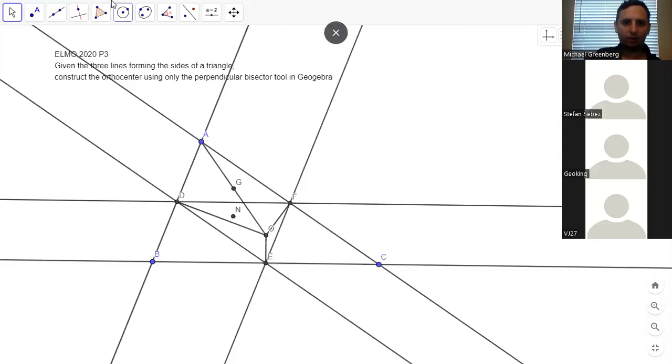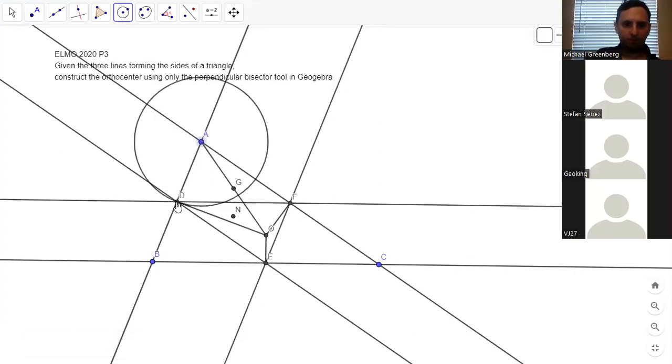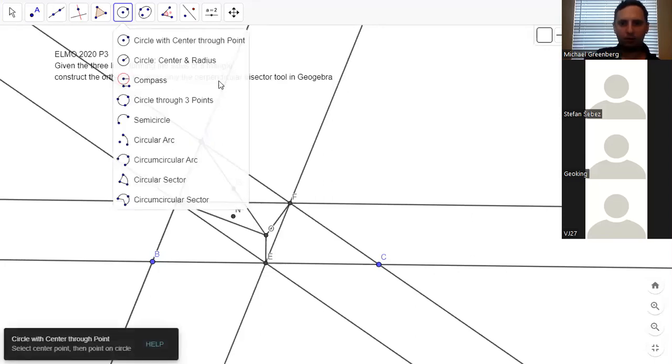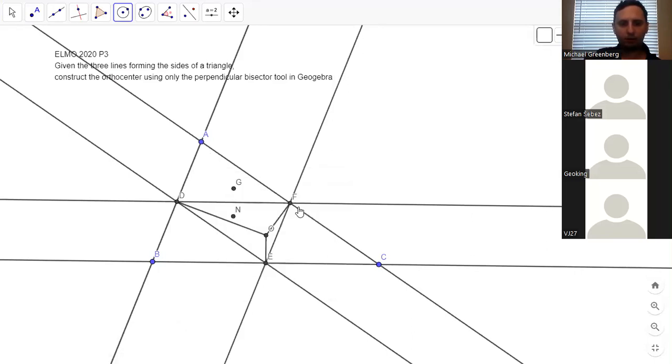So let me draw on all those points. I don't think so. We can draw a point G, but I don't know that we can draw the line AO. Yeah, I think you're right.